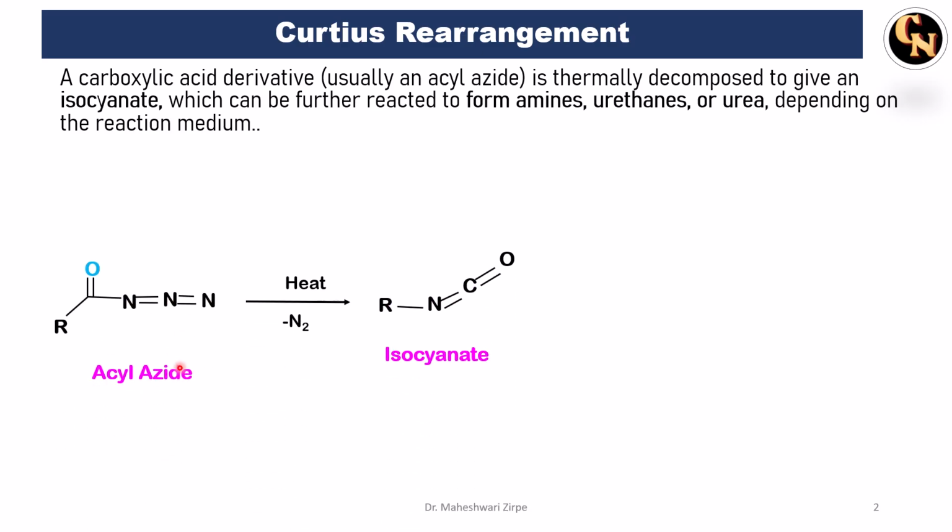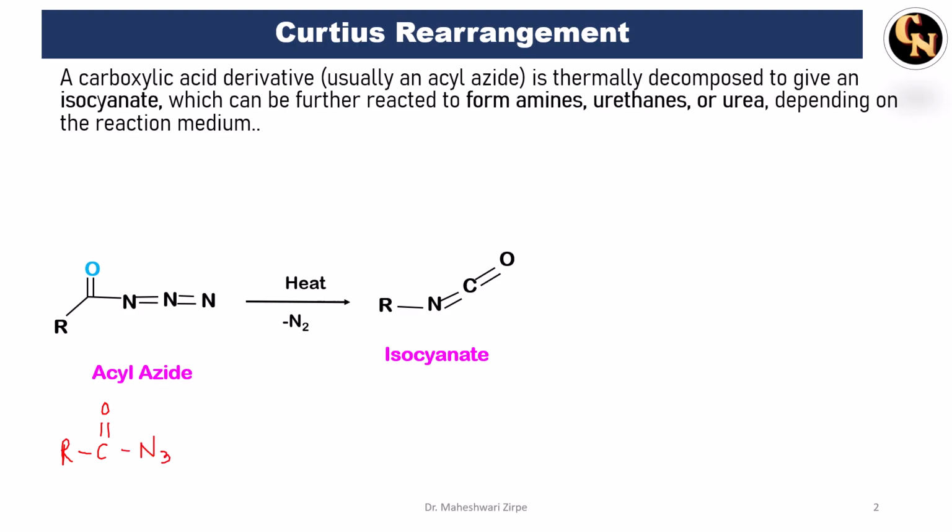So this is your acyl azide, that is RC double bond O N3, which we can write in short form. Let me write it down so that you can have it for the exams. Most of the time they will not give you N double bond N double bond N, but they can directly write it like this: RC double bond O N3.